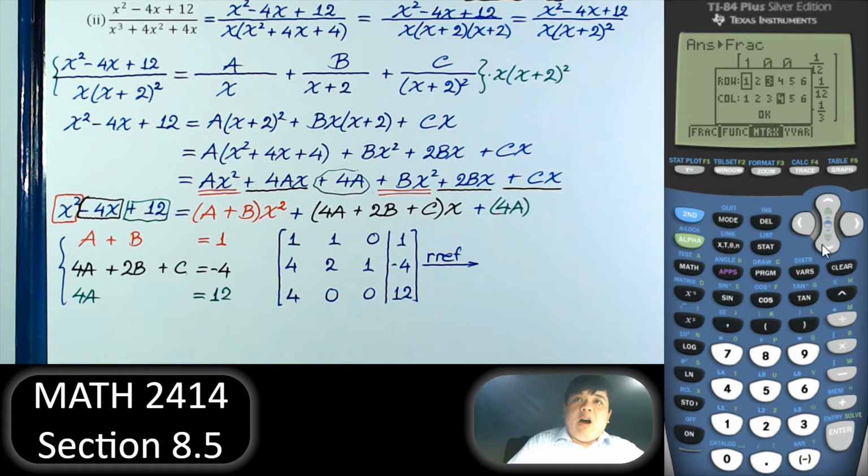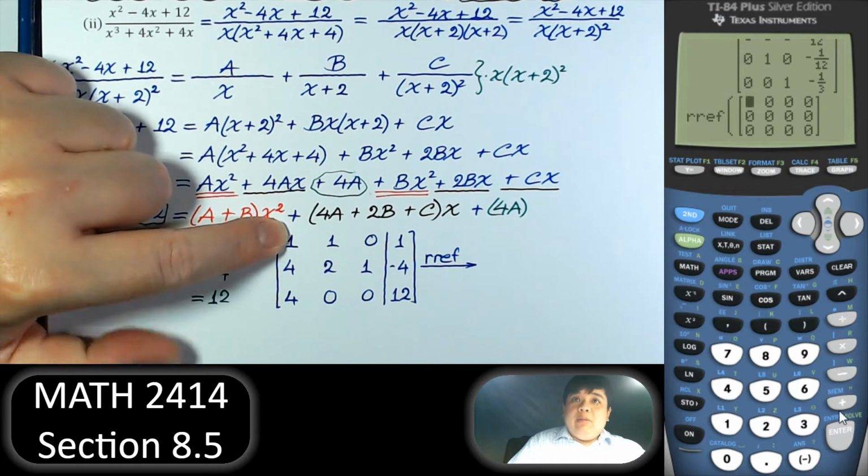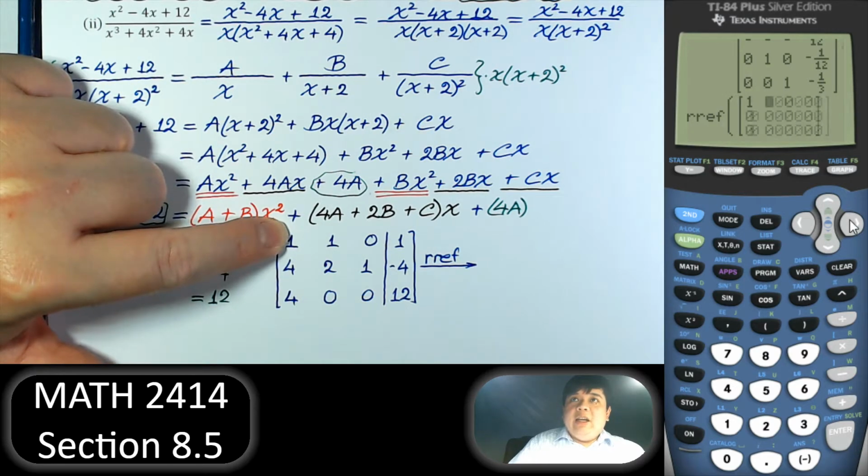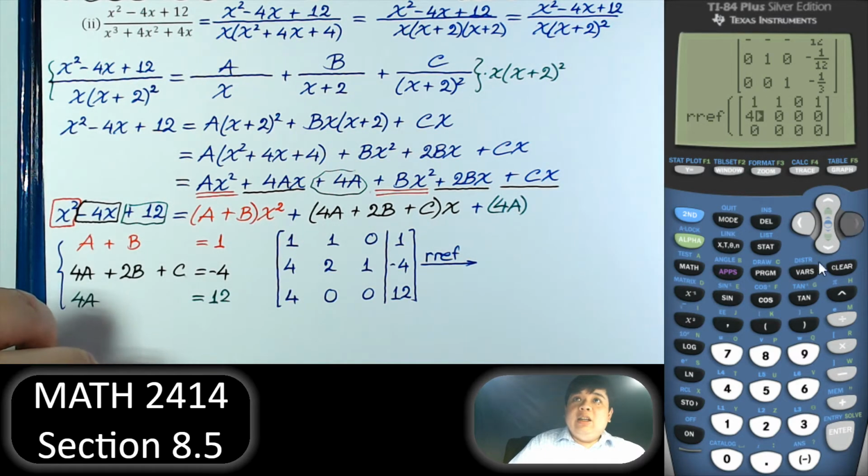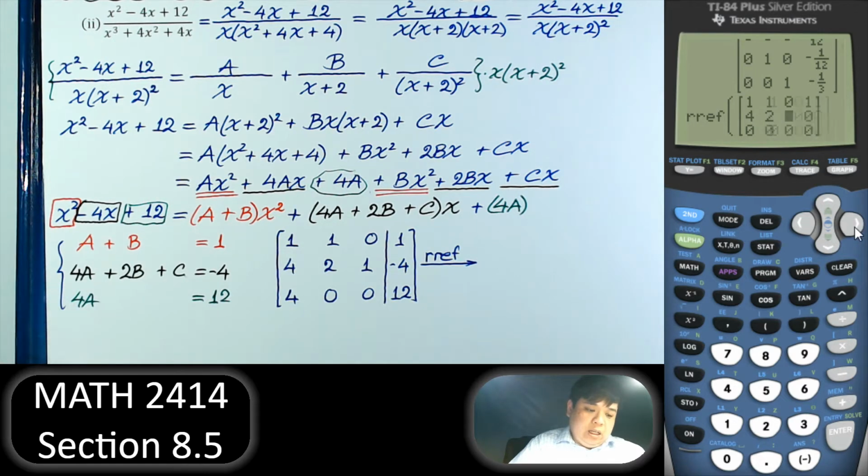It's 3 rows, 4 columns, so that's good. Okay. 1 for A, 1 for B, and then equal to 1. 4A, 2B, 1C, equal to negative 4. And 4A equal to 12.